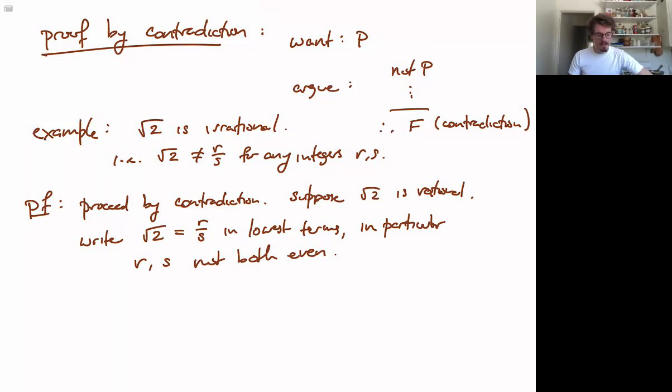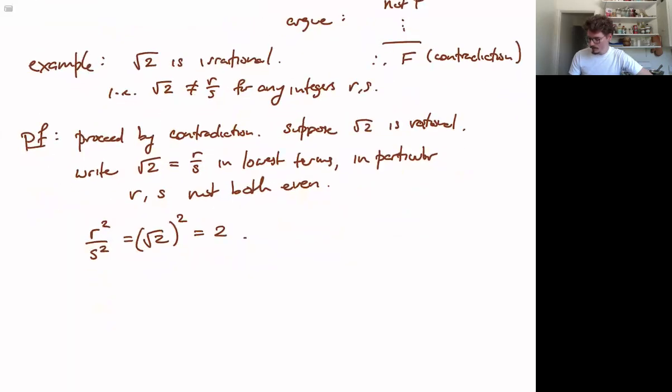And then we can say the following. Consider r squared divided by s squared. This is r over s squared, so this is the square root of 2 squared, just 2. So we can rewrite this as r squared equals 2s squared, and r squared is even.